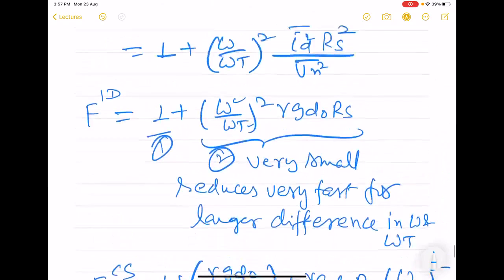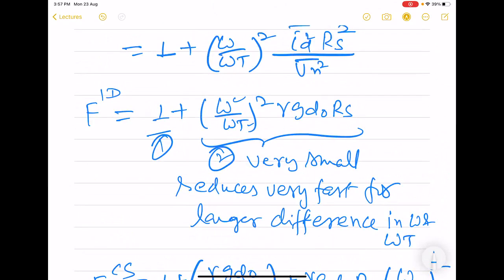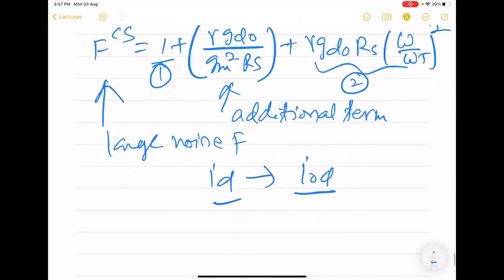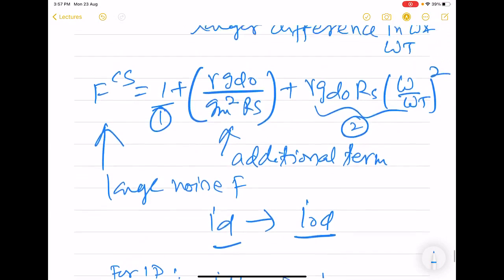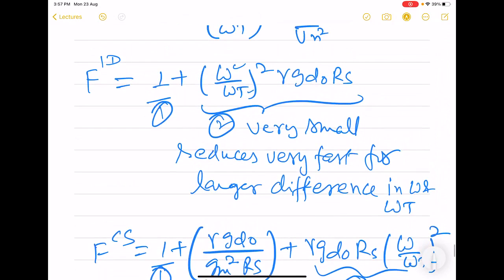But for the inductively degenerated case, we found that only half of this ID was actually going outside. That is why for this case we have less noise factor.